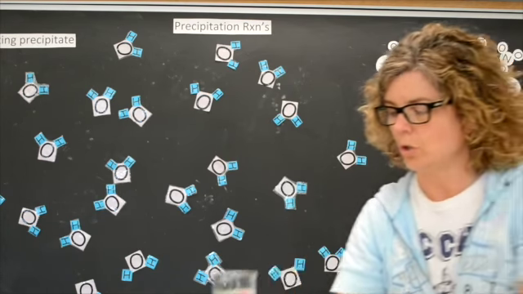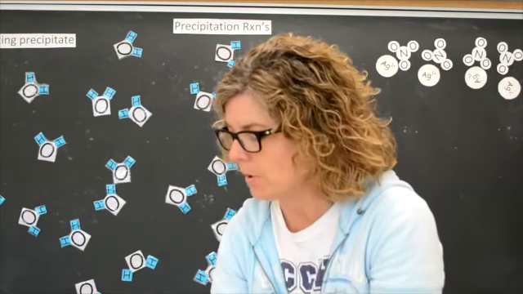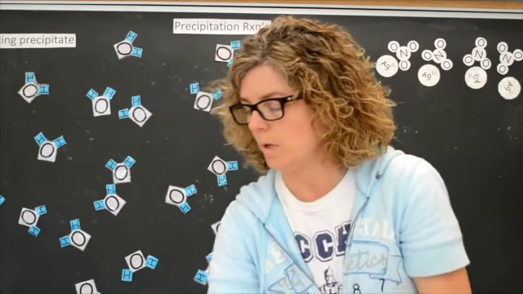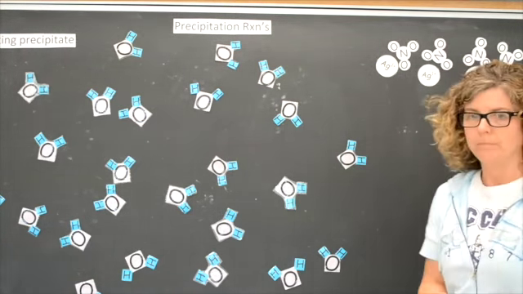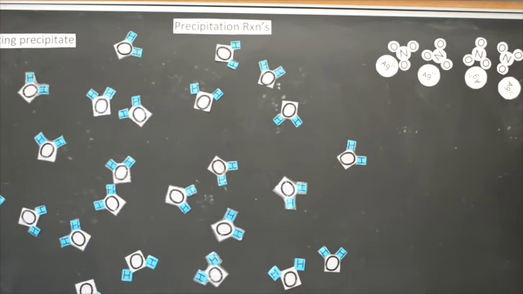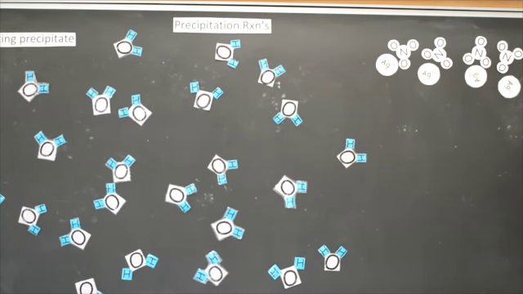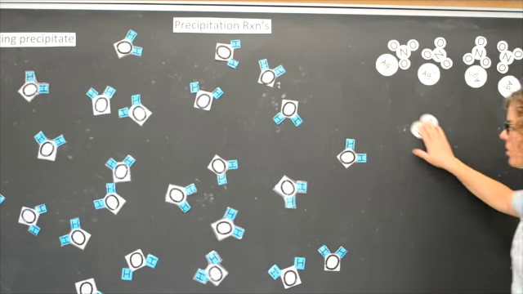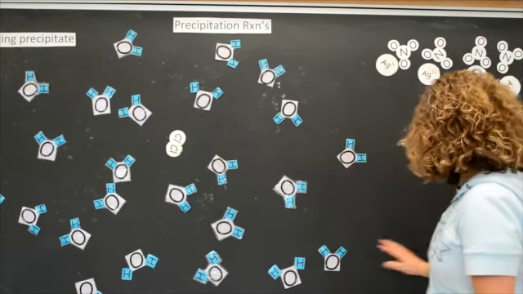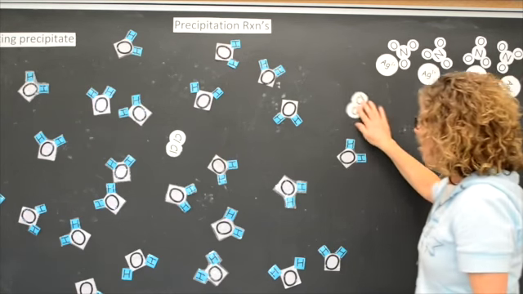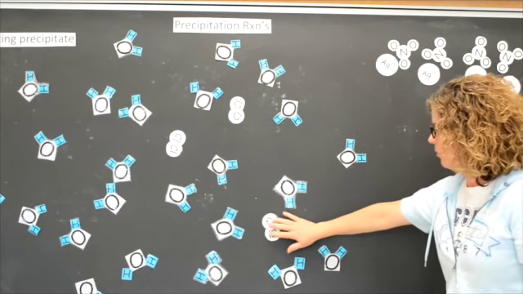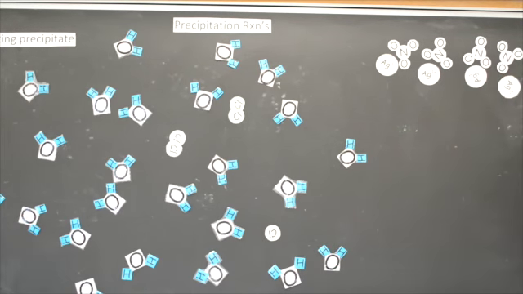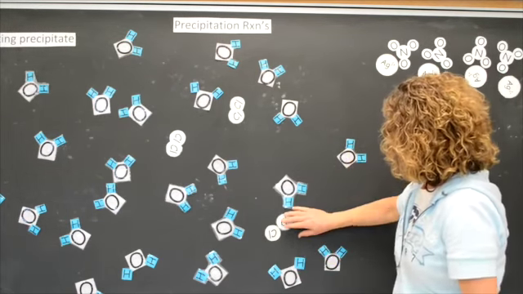Okay, so now I'm going to model for you this reaction between the water and the silver nitrate. The water that I had in the beaker comes from our water treatment, and it actually has chlorine added to it.